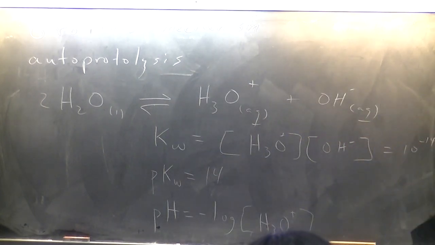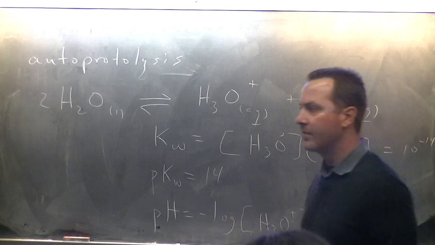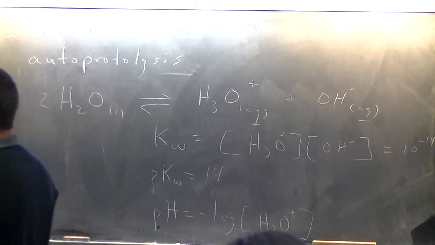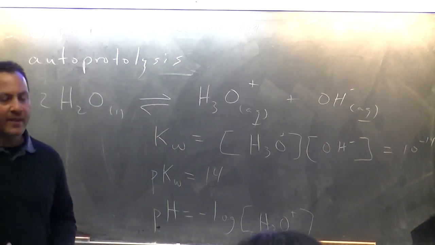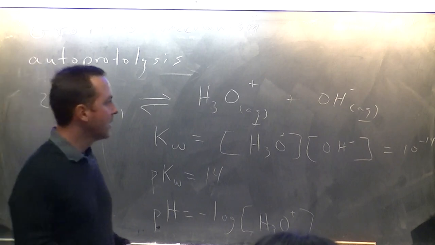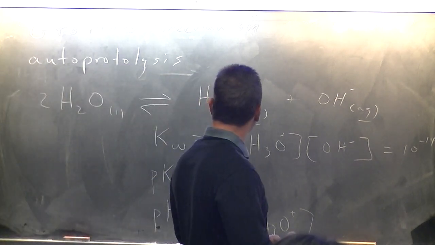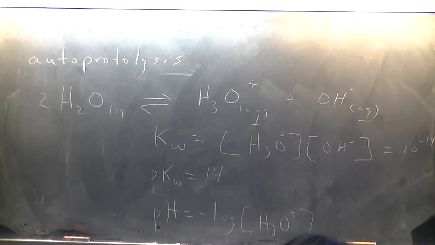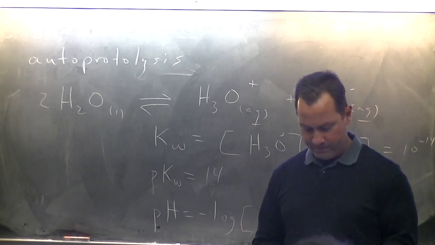So, a strong acid will completely dissociate in water. If a strong acid is something that has a Ka larger than 1, then the pKa of a strong acid will be what?